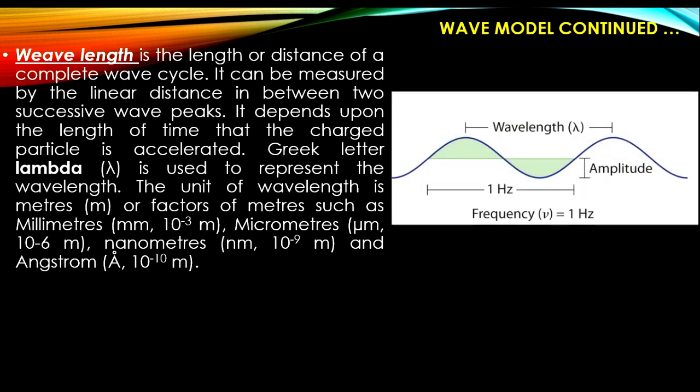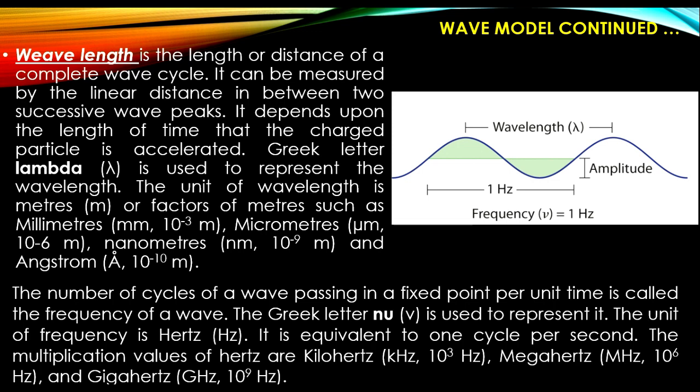It can be measured by the linear distance between two successive wave peaks. It depends upon the length of time that the charged particle is accelerated. The Greek letter lambda is used to represent the wavelength. The unit of wavelength is the meter or factors of meters such as millimeters, micrometers, nanometers and angstroms.